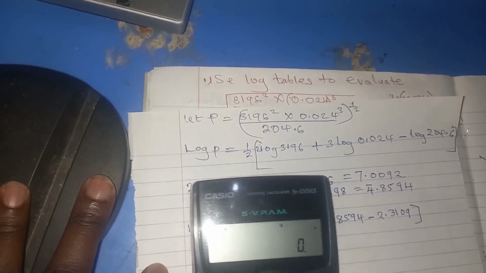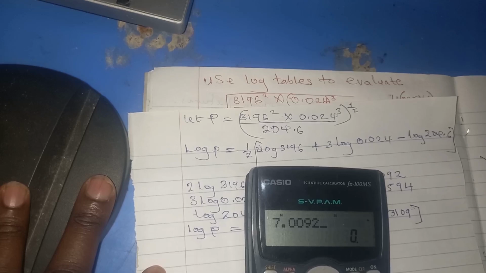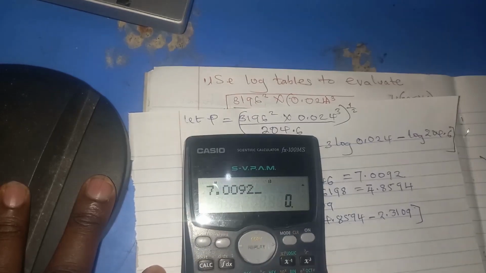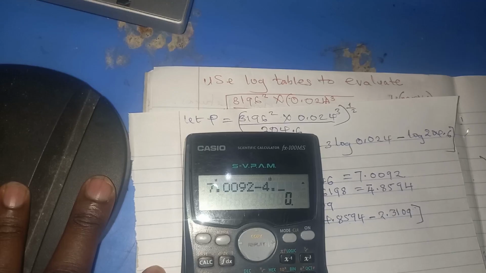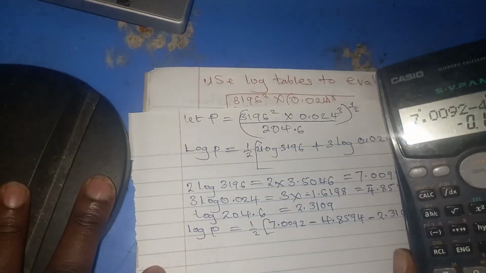So we say 7.0092 minus 4.8594 minus 2.3109. This one gives me negative 0.1611.